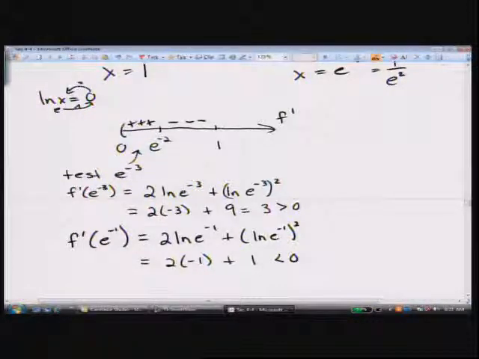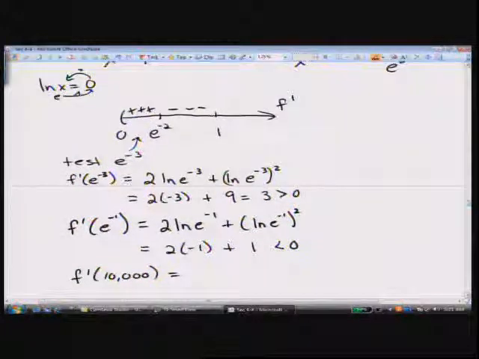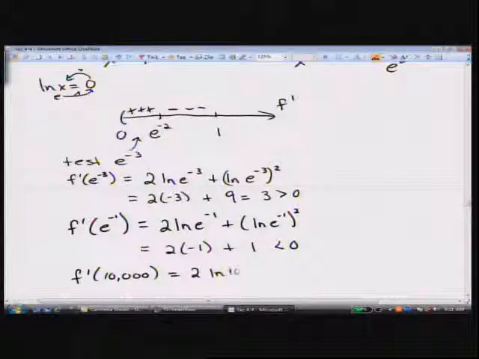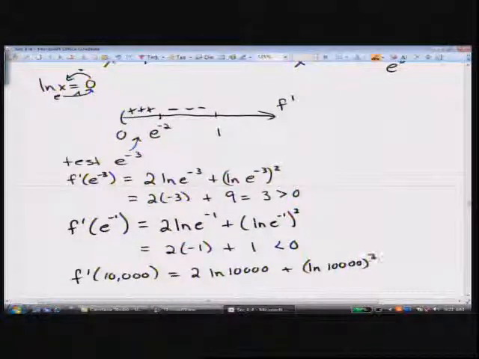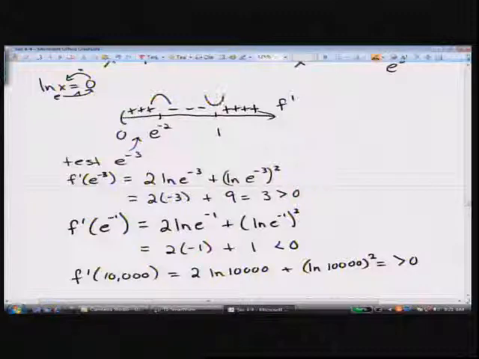And then if we pick a number greater than 1, like 10,000, f prime of 10,000 is going to be equal to 2 ln 10,000 plus the ln of 10,000 squared. All you care is that that is greater than 0. So it's positive.